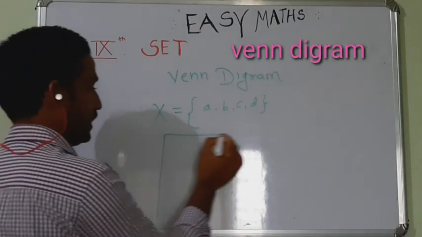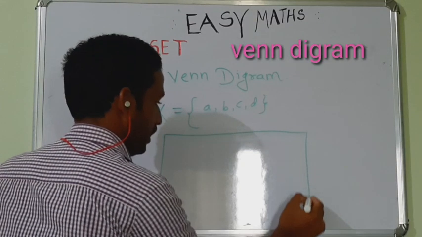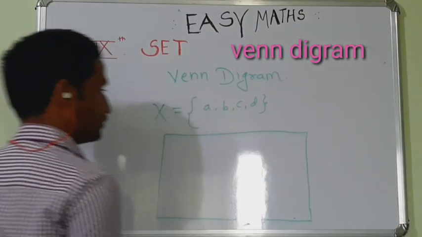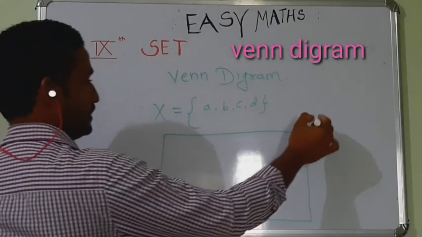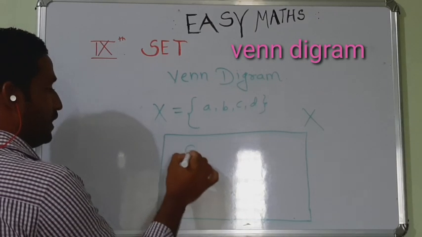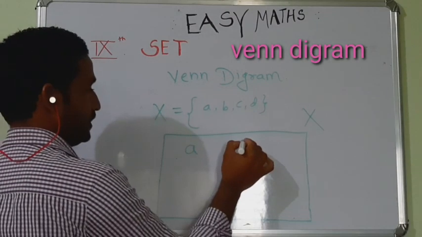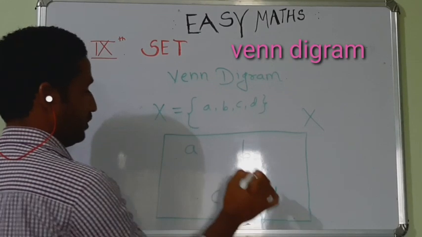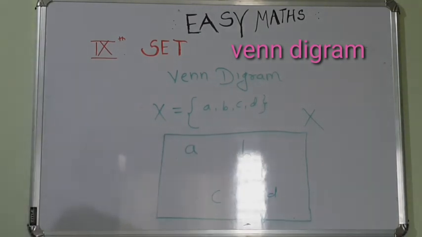Generally, Venn diagrams are represented by a rectangle, and hence this is our set X, and the elements of set X can be represented by using a Venn diagram. Got it?